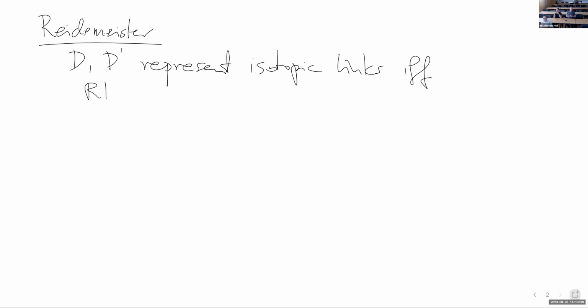The first one is like that. The second one is, well, in fact, to be very precise, I should also consider this part. The second one is that.